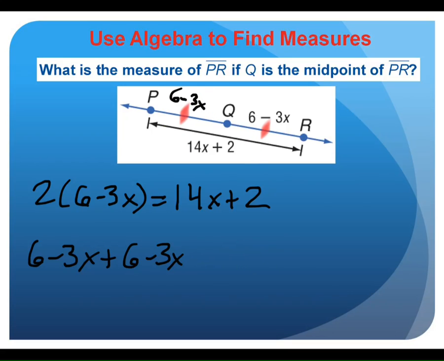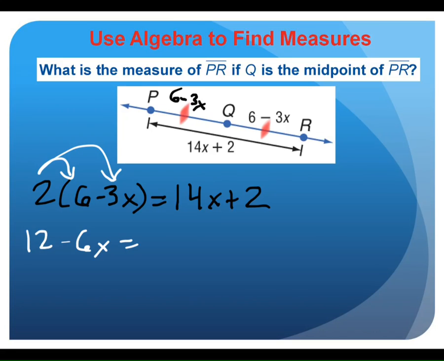So let's say we go ahead and finish that. We need to distribute to get rid of those parentheses. Distribute. Distribute. 12 minus 6x. Right side stayed the same. We'll get those x's together on the right side of the equal sign. In this case, let's say we add that 6x over.